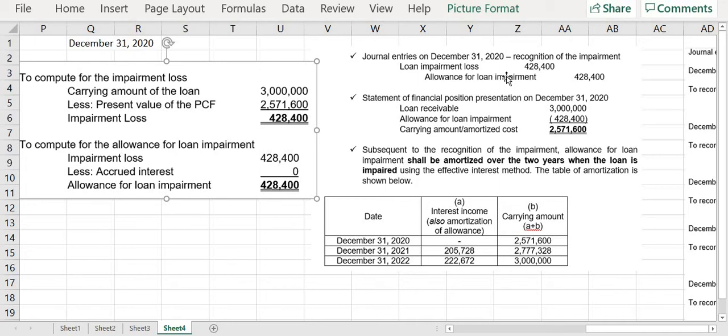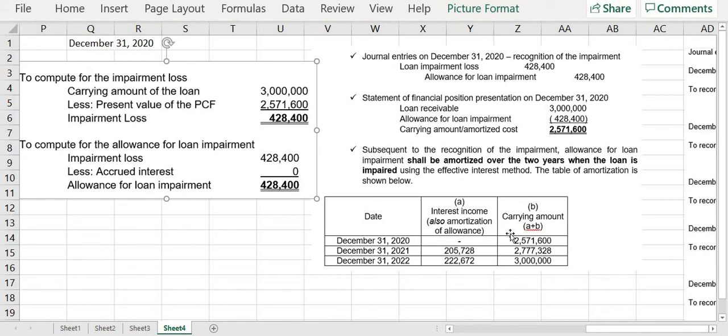Or for the rest of the periods na there is collection of principal. Pero dahil dito, 2 years lang ang hindi mababayaran na interest, so 2 years lang dapat i-amortize yung allowance for loan impairment. Okay? So, meron tayo ditong table na date 2020, 21, and then 22.